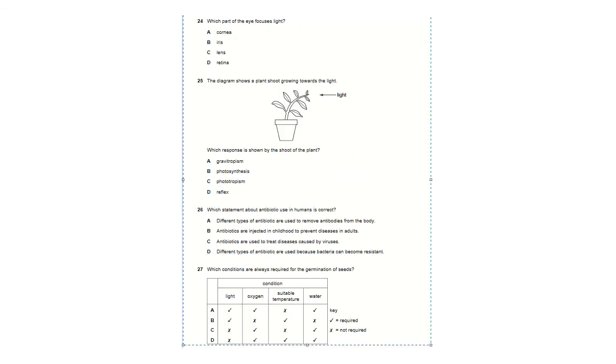Next question is about the eye, and this one is actually a little tricky. They ask here which part of the eye focuses light, and if we look at the book at page 169, it says that the cornea here is responsible for most of the bending of the light, but the adjustment, the focus, is made by the lens.